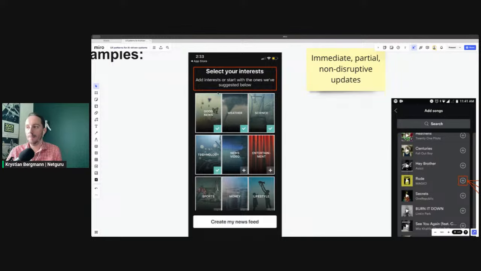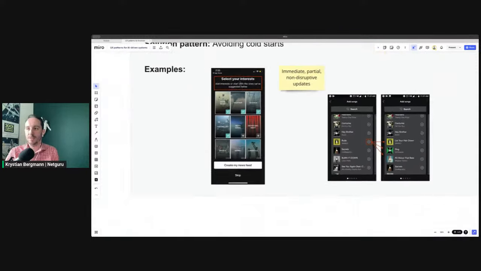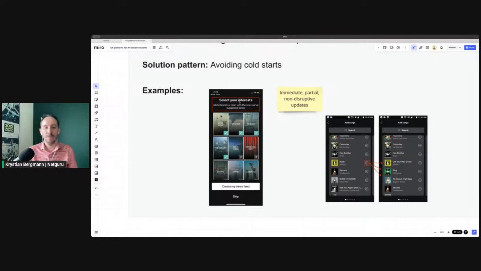Like, select your interests, add interests to start with ones we've suggested below, so that the user will avoid, as we call it, a cold start, right? So they will not have a randomly generated interface with tons of content, but rather, from day one, content that is adjusted to their needs, right? Avoiding those cold starts. The system can learn over time, but from day one it will be more personalized to the user's needs.